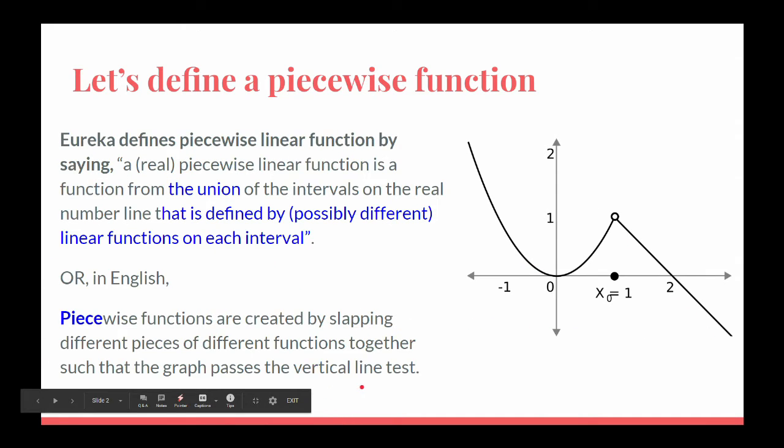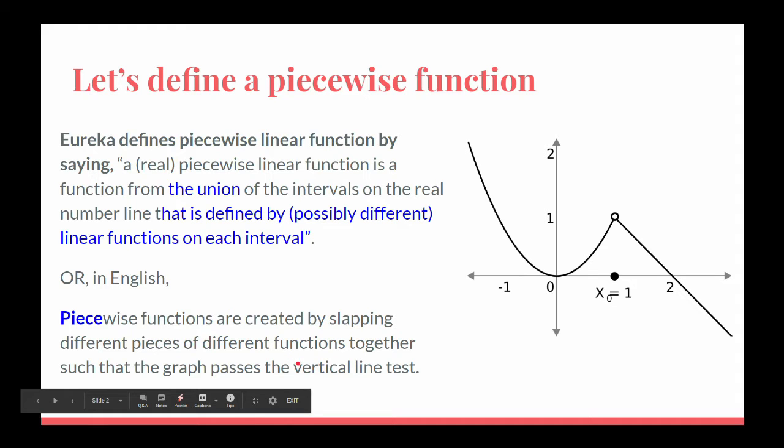Piecewise functions are created by slapping different pieces of functions together such that the graph passes the vertical line test. I put in the note that it has to pass the vertical line test because it does, okay? This technically passed the vertical line test because an open circle is telling you that a point doesn't exist on your graph. So there's really only one point here, this guy right here. And all functions have to pass the vertical line test.